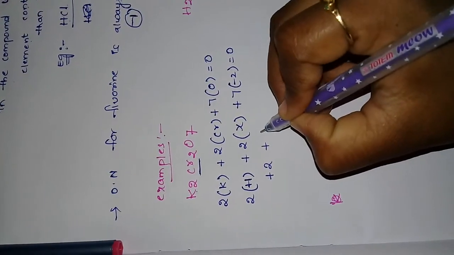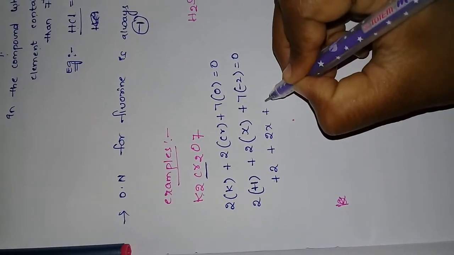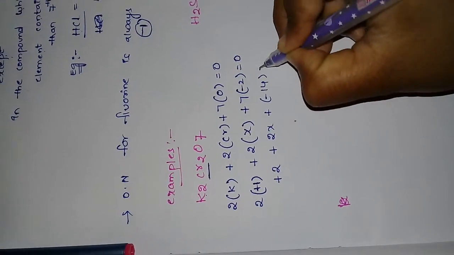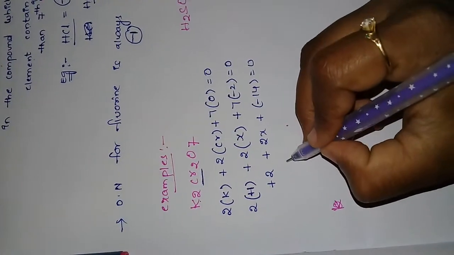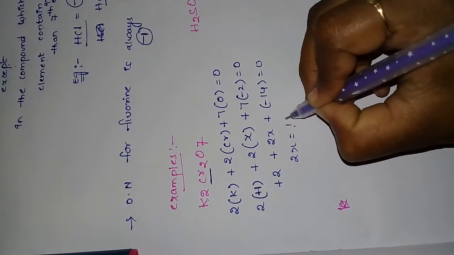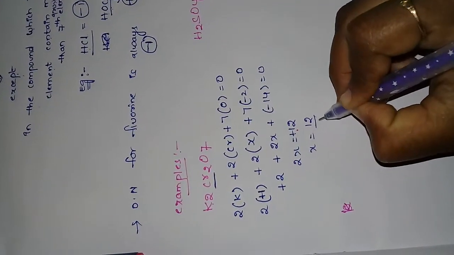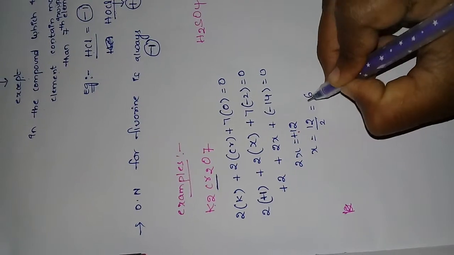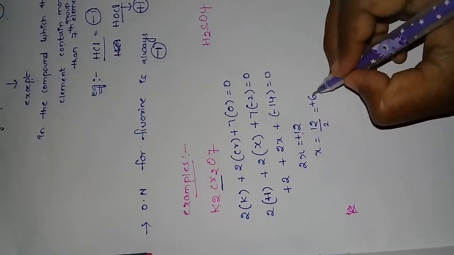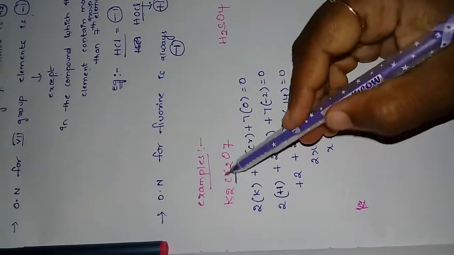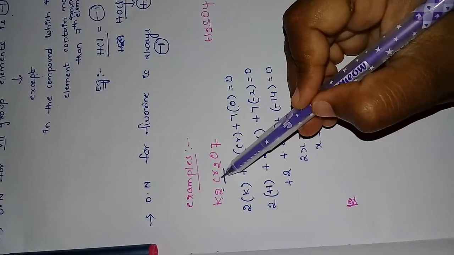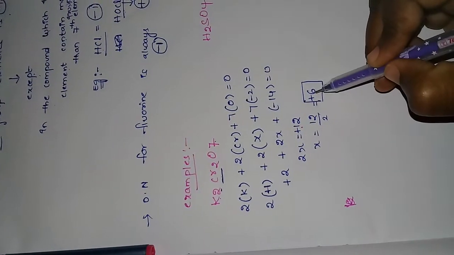So +2 plus 2X minus 14 is equal to 0. 2X is equal to 12, X is equal to 12 by 2, which is +6. So in potassium dichromate, chromium oxidation state is +6.